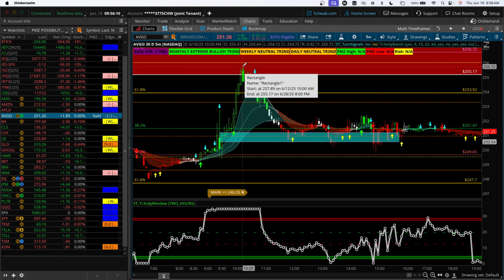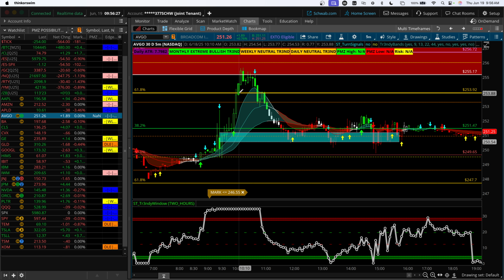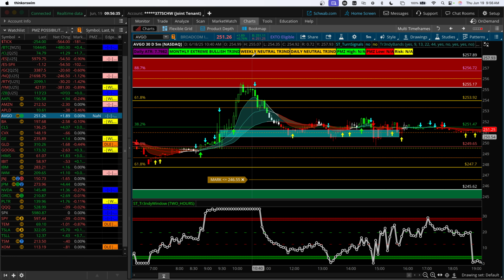I like to move my stops up as I am scaling out of this trade to protect my profits and use proper risk management. So this trade would have netted a trim and then a target, making it to my final target there, this red zone.